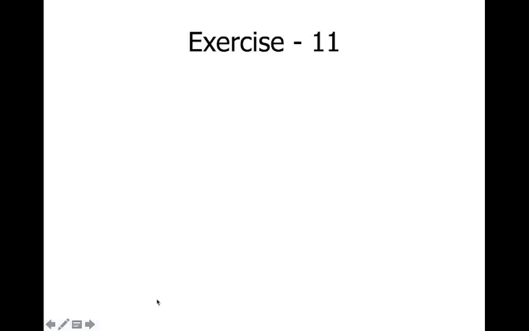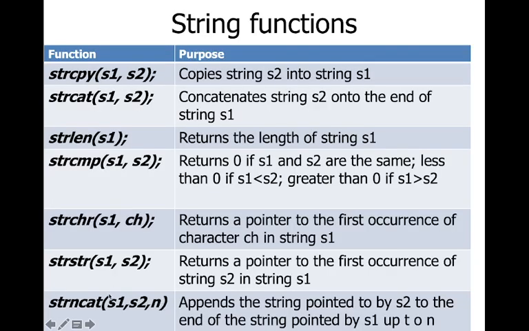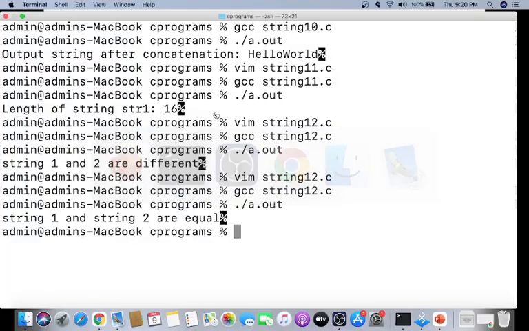Since we have specified the number of characters, instead of appending the whole string, only the first n characters of S2 will be appended to S1. Similarly, there is strncpy S1 comma S2 comma n also. We will see it in the programming example.